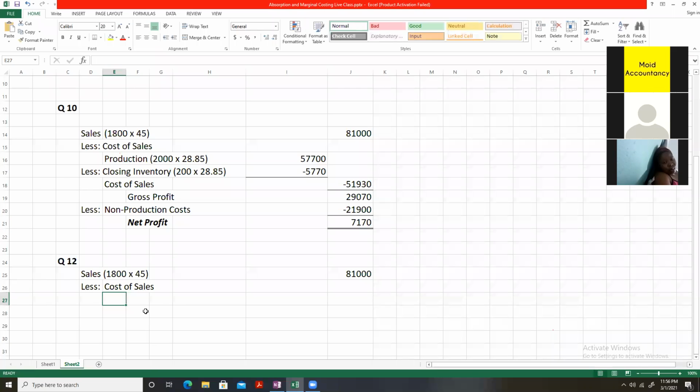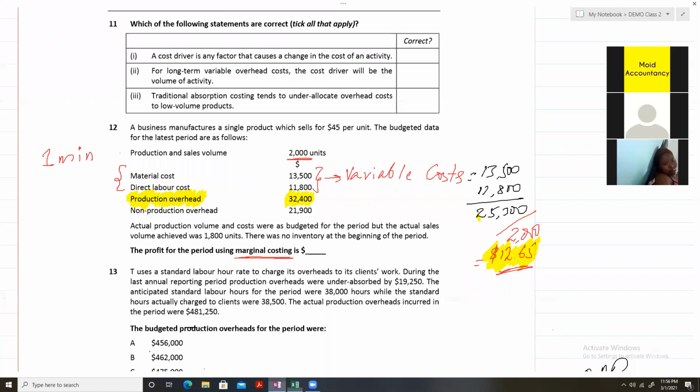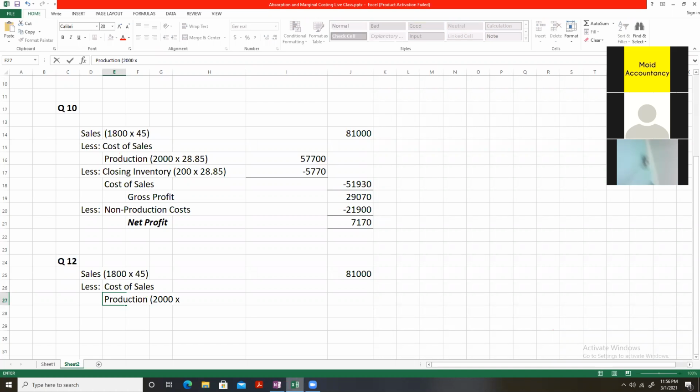Now production: 2,000 units were produced, and the cost of each unit we calculated as 12.65.